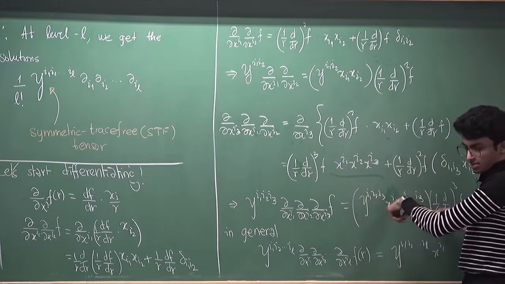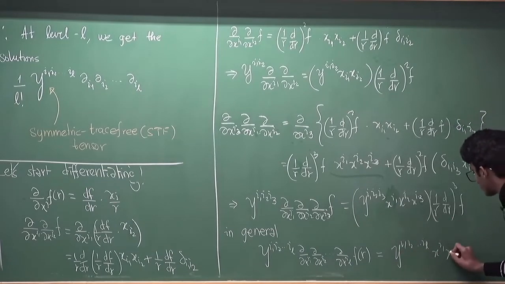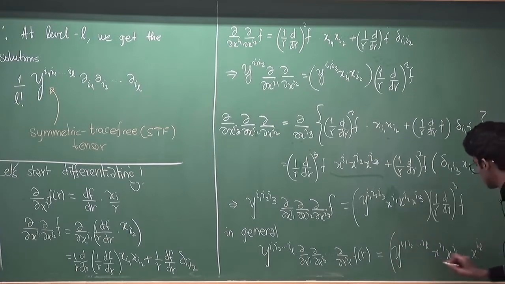These upper indices are also summed over, by the way, sorry. Okay, I'll fix this in my notes. ... x and so on up till ξ_{IL} acting on (1/r d/dr)^L on F.